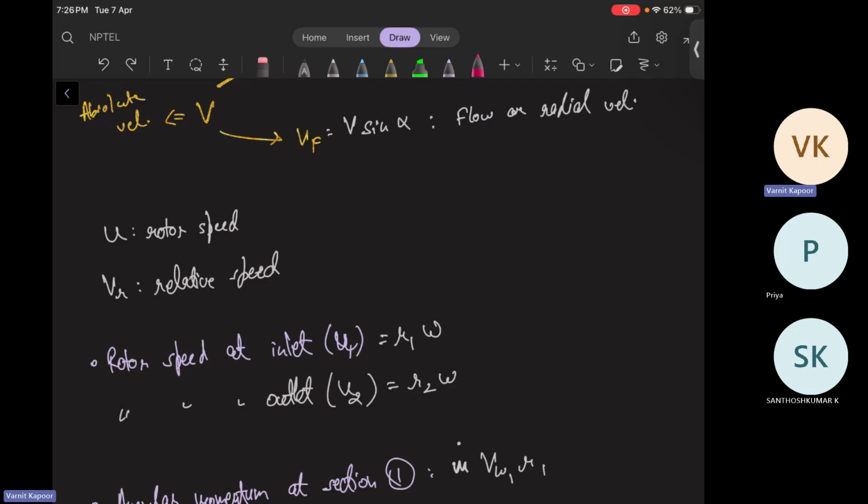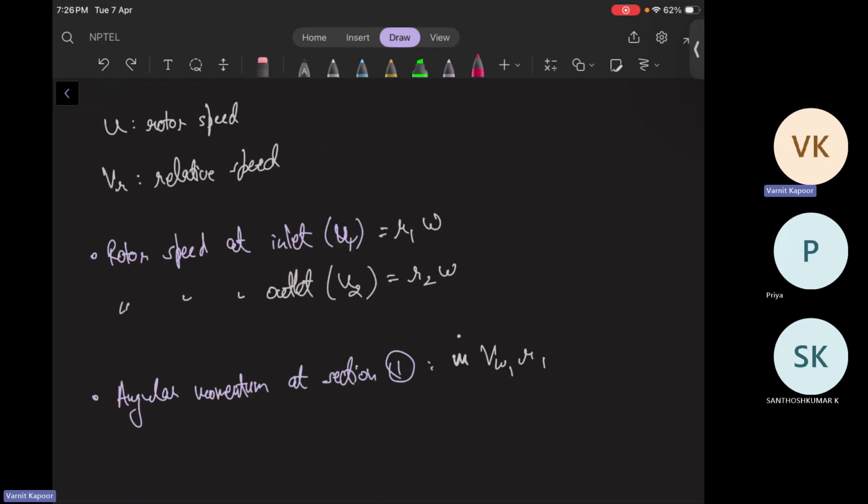What is the angular momentum at section 1 of the fluid? It is the tangential component times radius times mass flow. And similarly at section 2 it will be the same mass flow rate, VW2 R2.